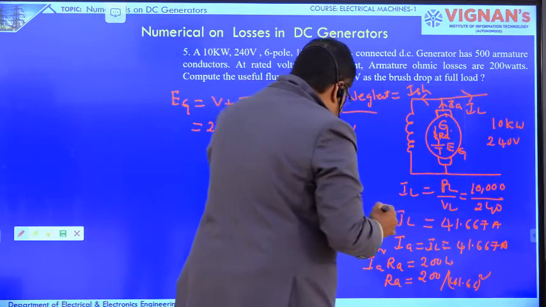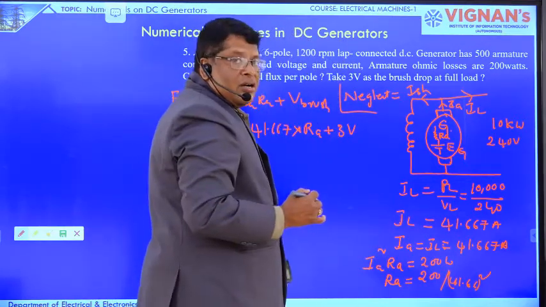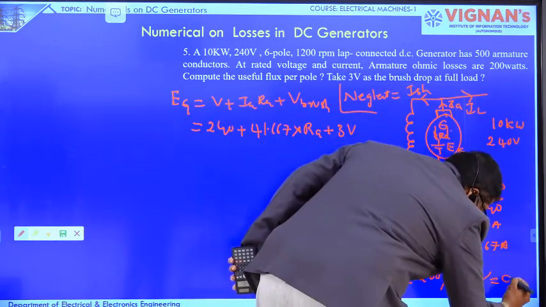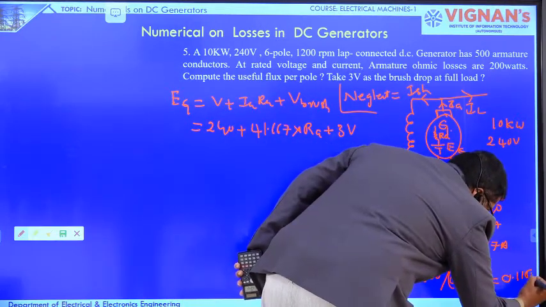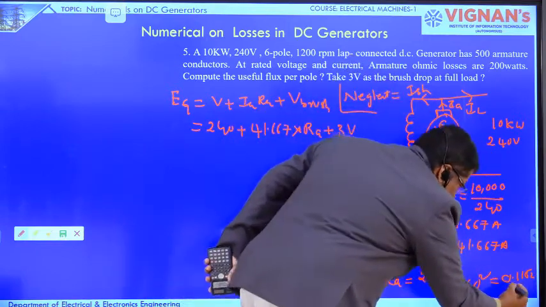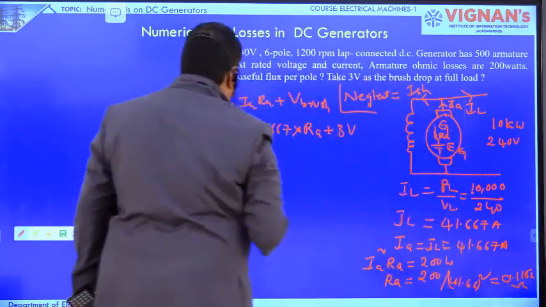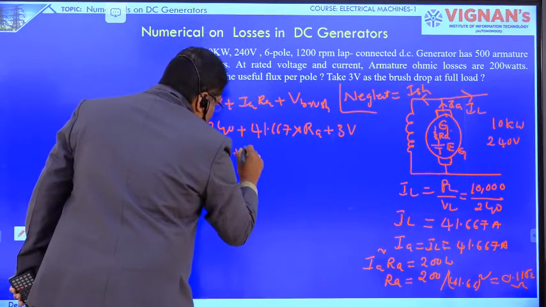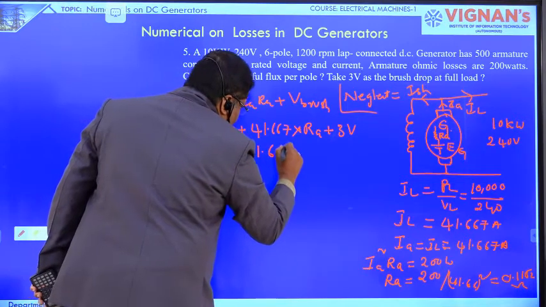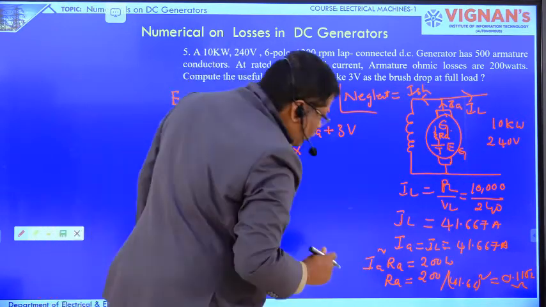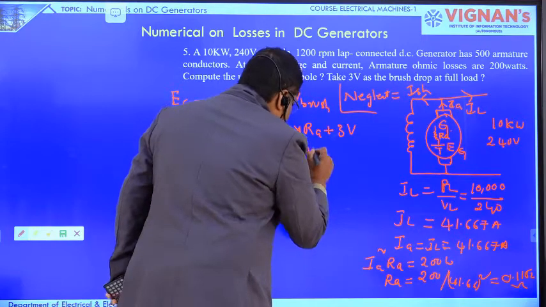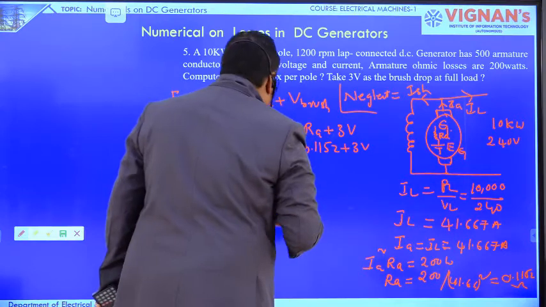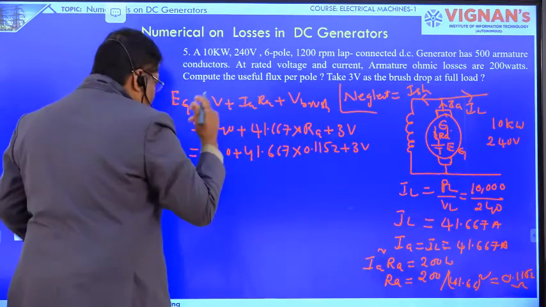The RA value we are getting as 0.1152. Here we are getting 0.1153 volts.